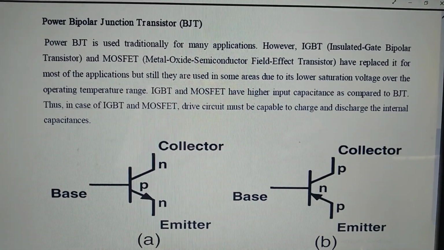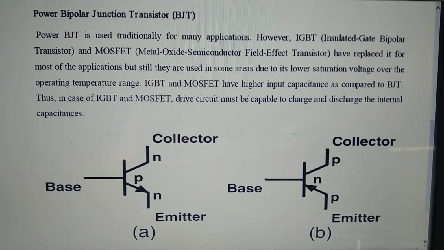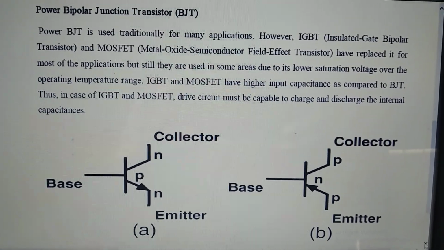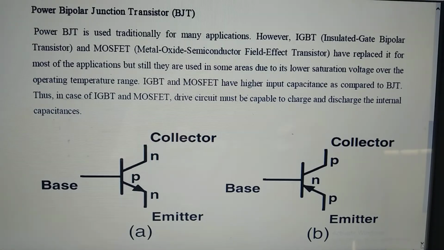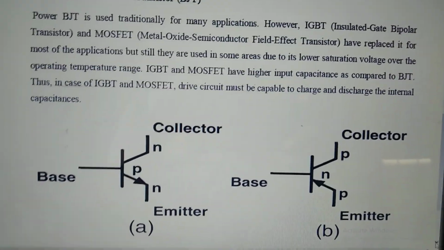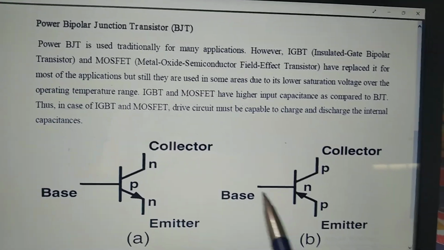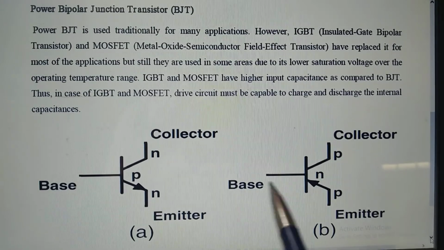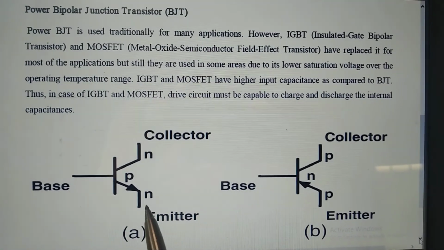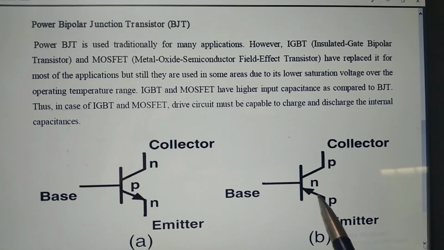When we see the symbol of the Power BJT, there are two symbols based on the structures. One is NPN BJT and the other is PNP BJT. We can see the two symbols on the screen. This is P type BJT. This is N type BJT.